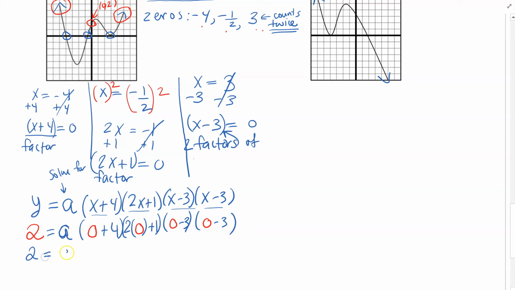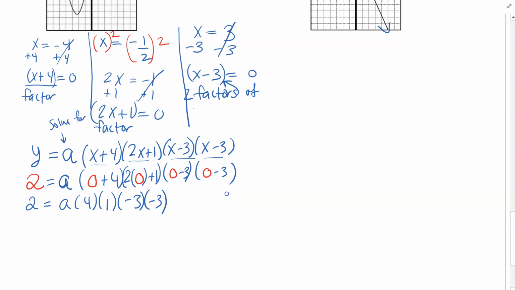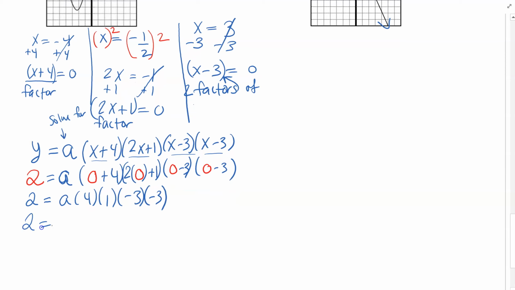So I get 2 is equal to a times 4 times 1 times -3 times -3 again. And then what that tells me is that 2 is equal to a times 4 times 1 times 9, which is 36, right? A is being multiplied by all these, and all these multiply together to be 36. And my job is to solve for a.